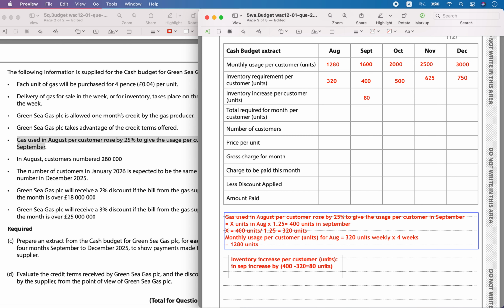It needs to be purchased at the start of the week, because they always have 1 week's supply. So the closing inventory in August is 320, plus the extra 80 units they need to have. So the increase in inventory in the month of September would be around 80. At the end of each month they will have the excess 1 week's closing inventory that is carried on, in the month of September.